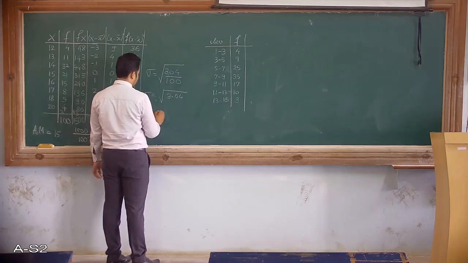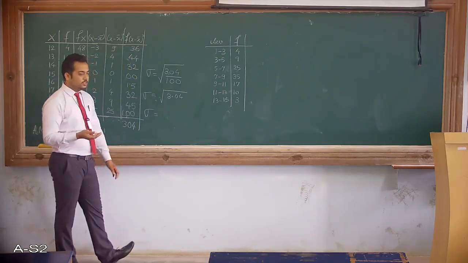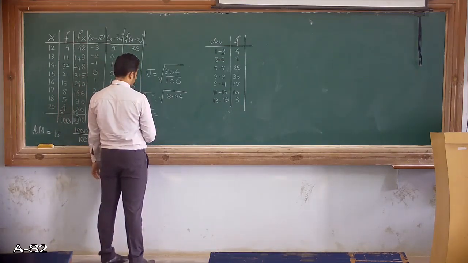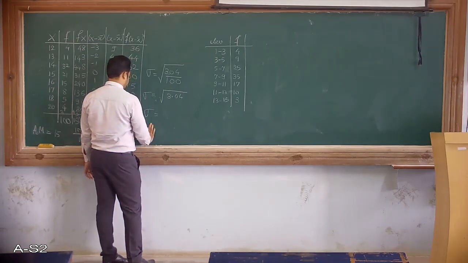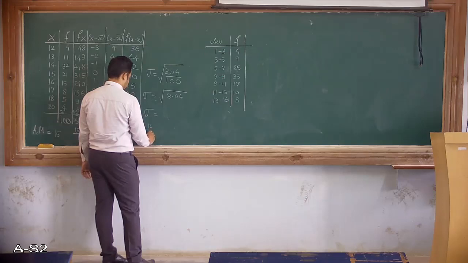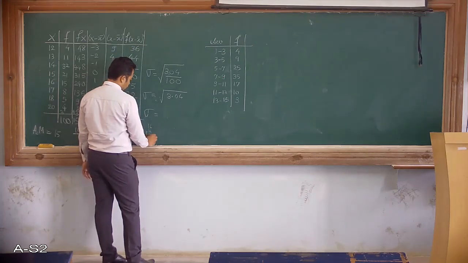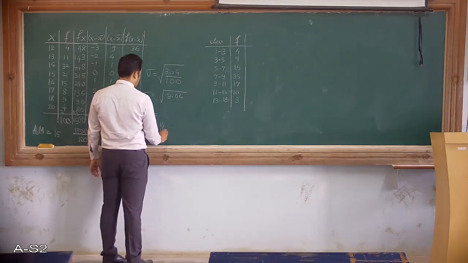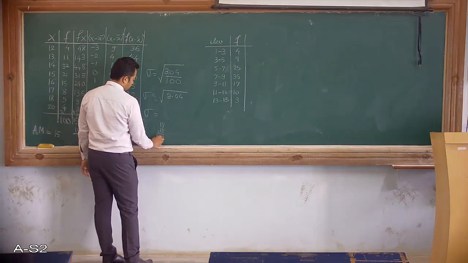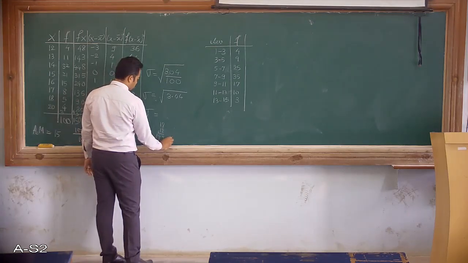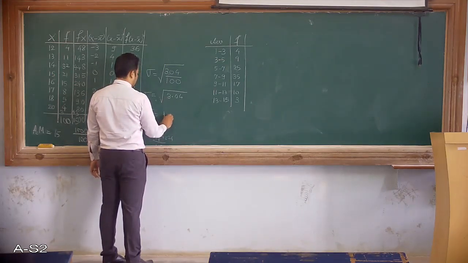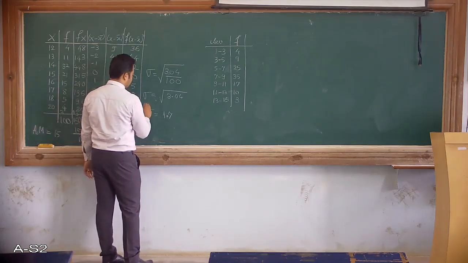So your standard deviation would be 1 point something, specifically 1.7 something. So your standard deviation would be 1.7.